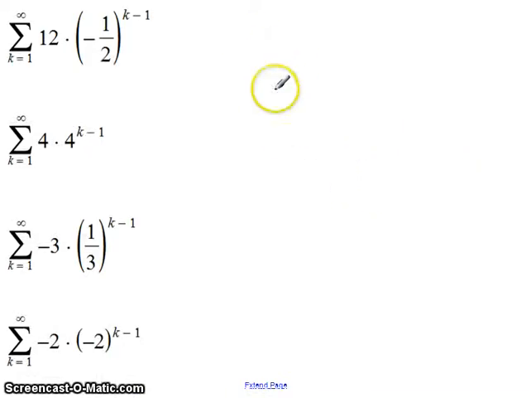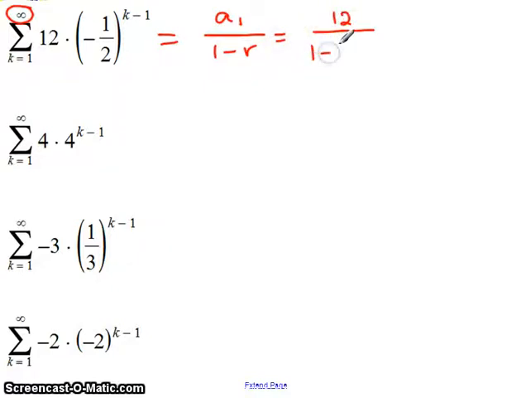Okay, so let's try a couple of sort of random examples here. In each case, we see that this is an infinite sum, and so we want to use the formula a sub 1 divided by 1 minus r to calculate this. In this case, we plug in a sub 1 is 12, and we divide by 1 minus negative 1/2, and this gives us 8.